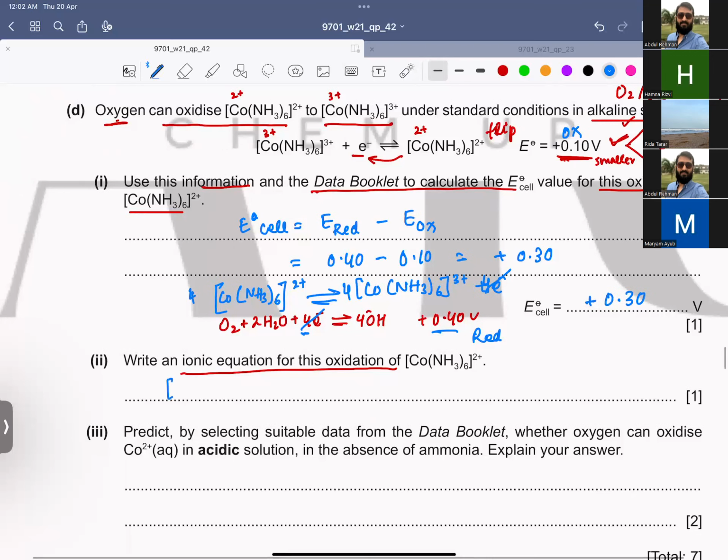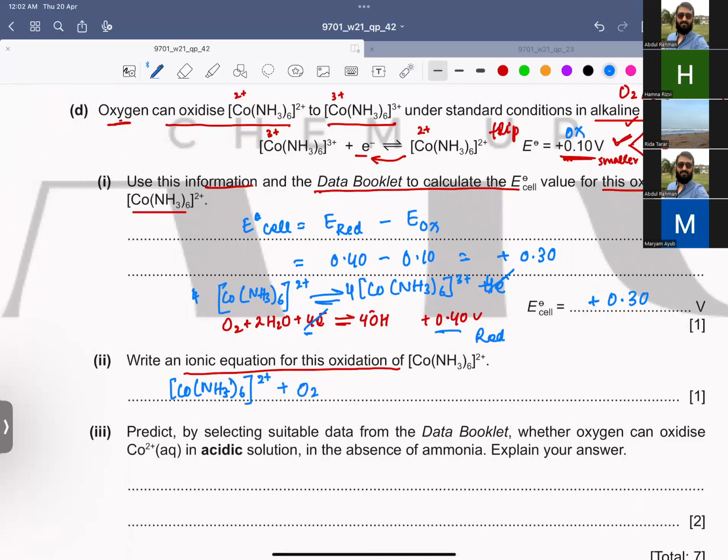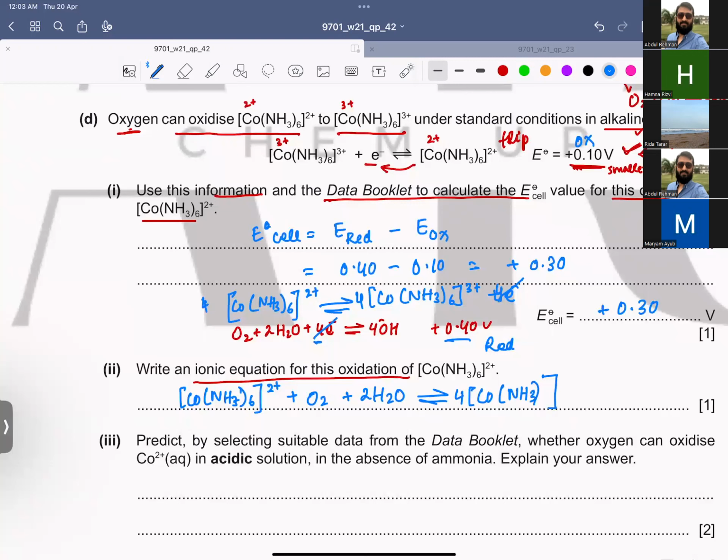So now the equation would be Co(NH3)6 2+ on the left side of the arrow as the reactant, and then the product would be, and here we are left with the hydroxide ions.